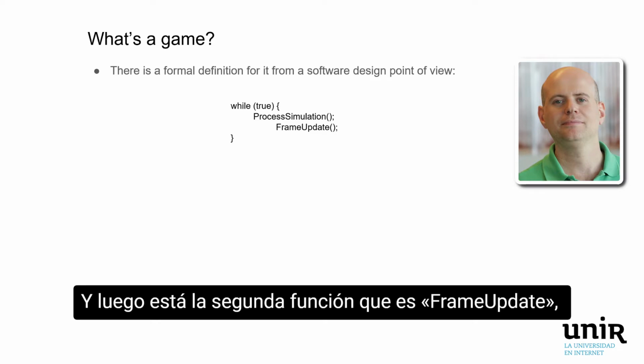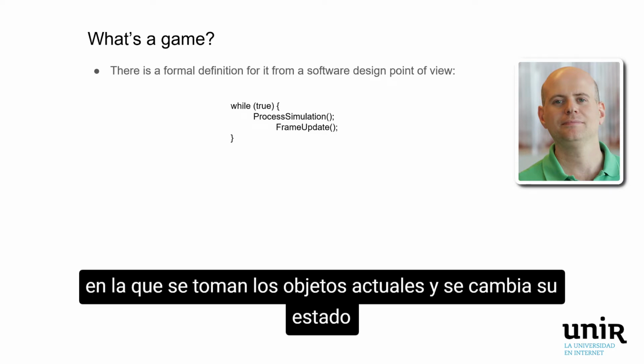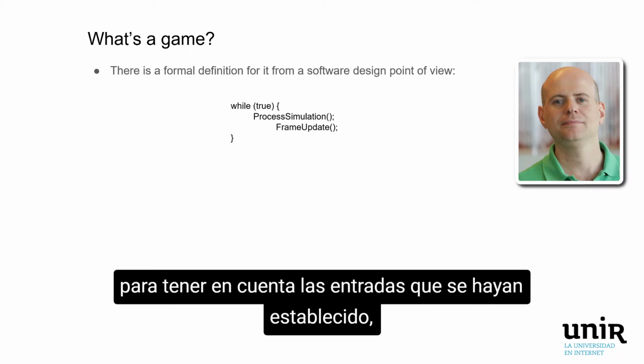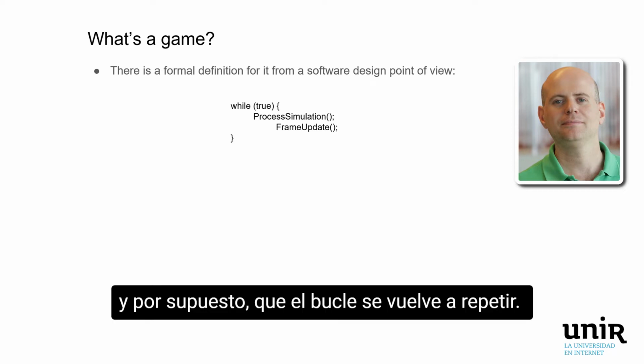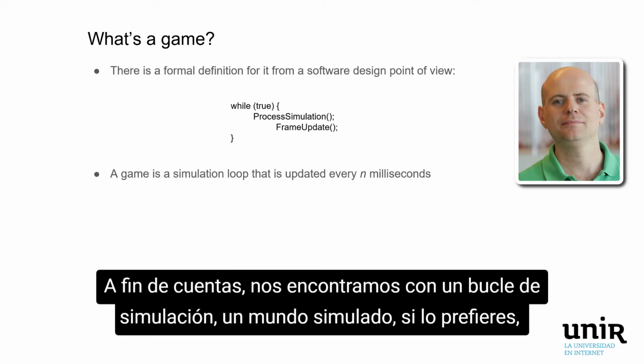And then there is the second function, which is a frame update. And what that one does is that it takes the current objects and changes their state to take into consideration the inputs that have been sent. Okay, and then of course the loop repeats itself. So we're in front of a simulation loop at the end of the day.